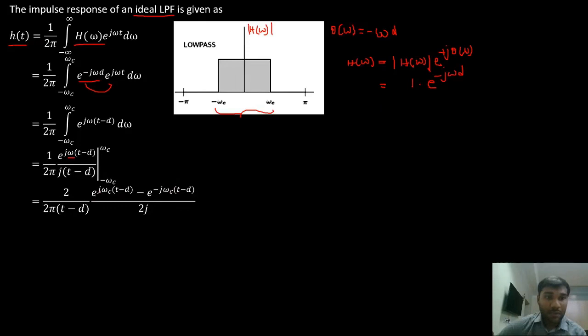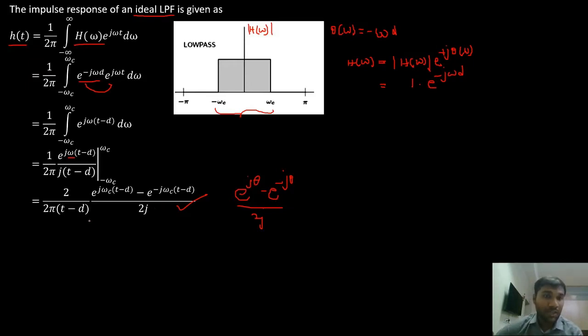This is like e power j theta minus e power minus j theta. To write this in the form of sine, I am multiplying it with 2 and dividing it with 2, so e power j theta minus e power minus j theta divided by 2j is equal to sine theta.